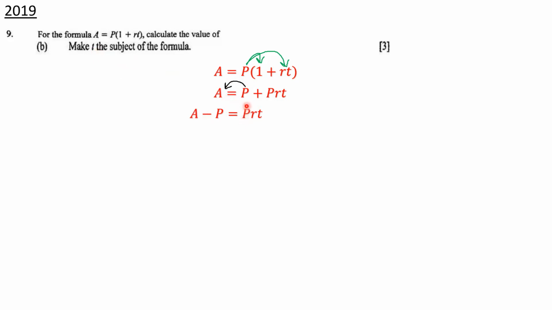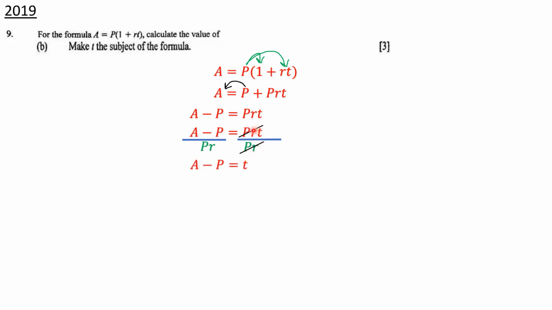So we need to get rid of the P and the R. That means we divide both sides by PR, because we want to get rid of this PR. We need the T to stay. We don't want the P and the R on the right side of the equation.